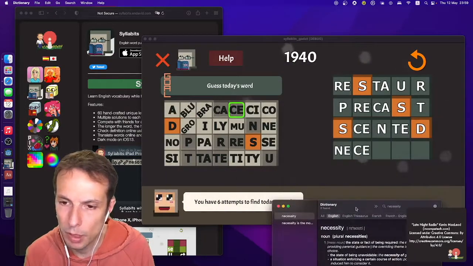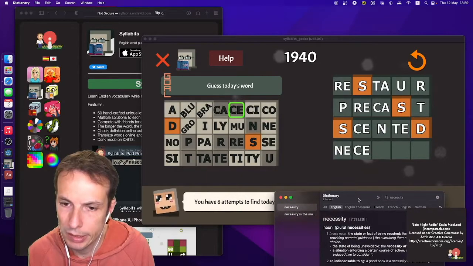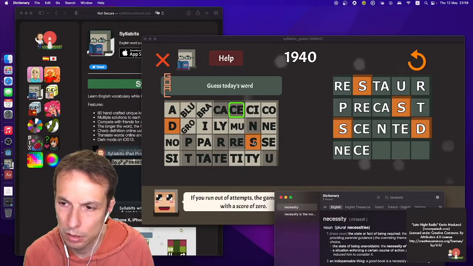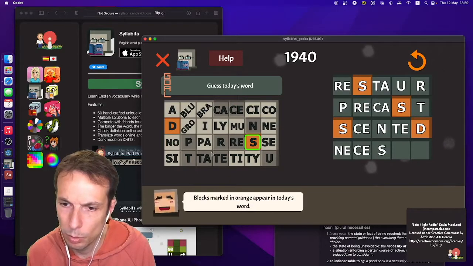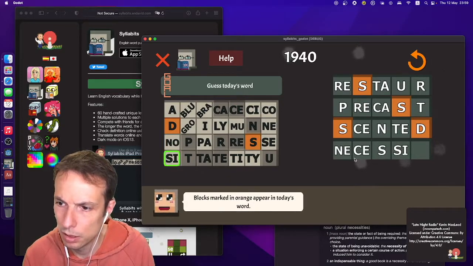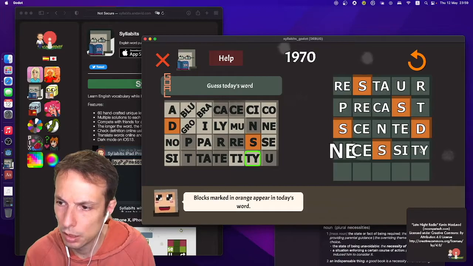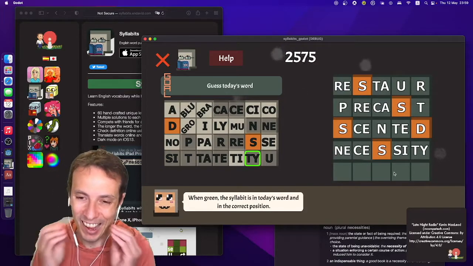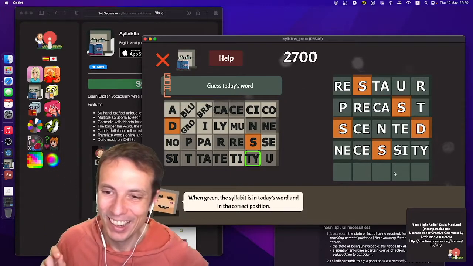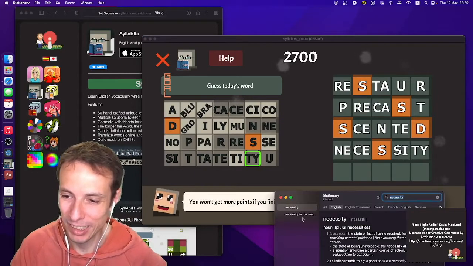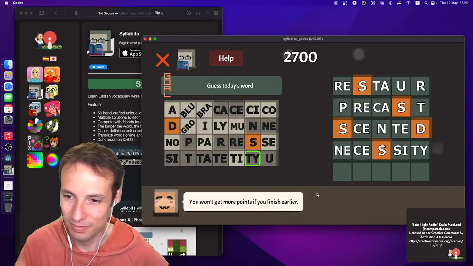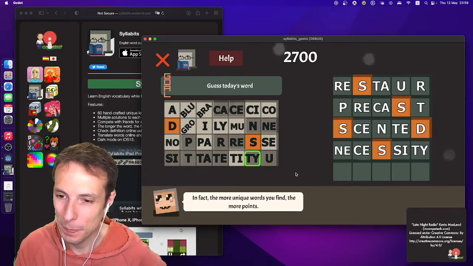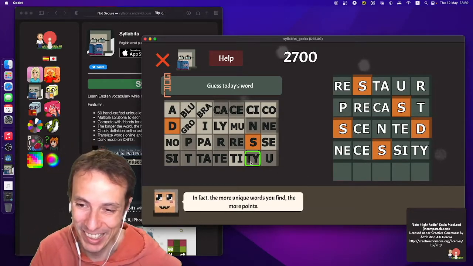It doesn't fit because we don't have C. Oh no, that's it. Wait, could be necessity. Well done, myself. Cool. But it doesn't end in T.